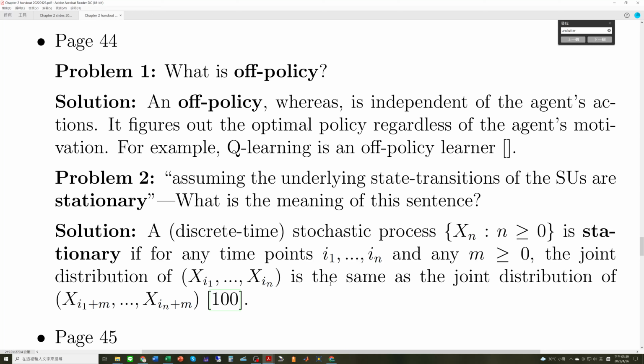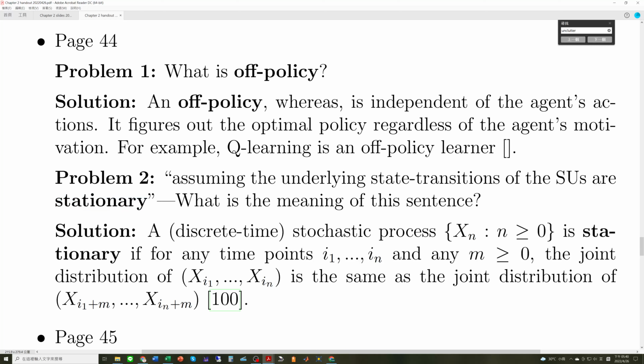So the joint distribution does not depend on the time shift m. In other words, the joint distribution is time invariant. So we have known the meaning of stationary.